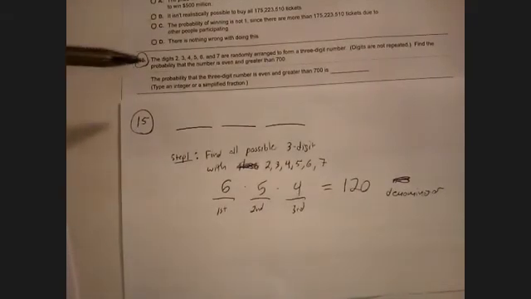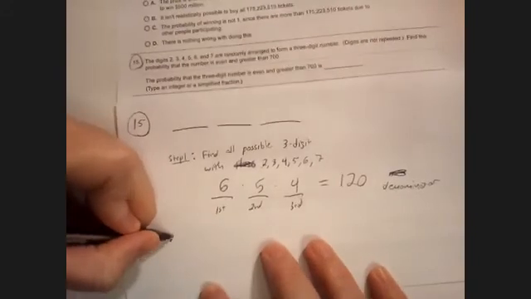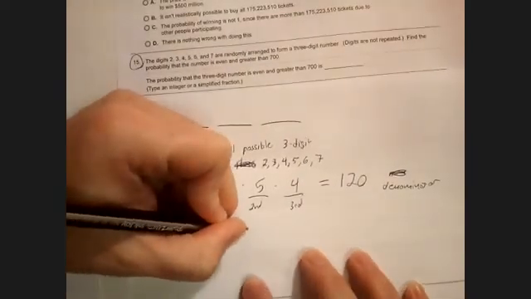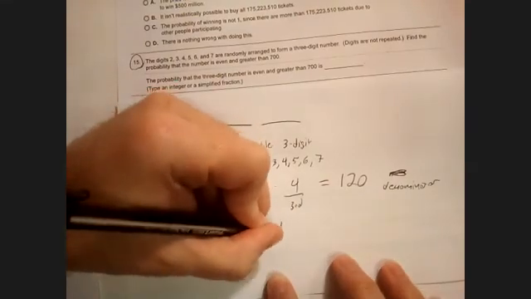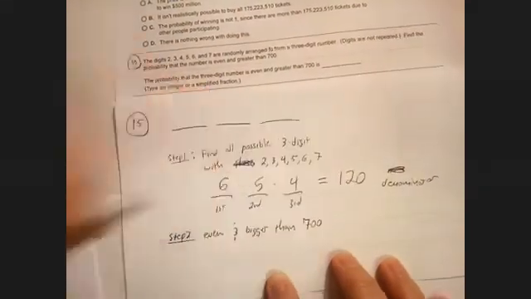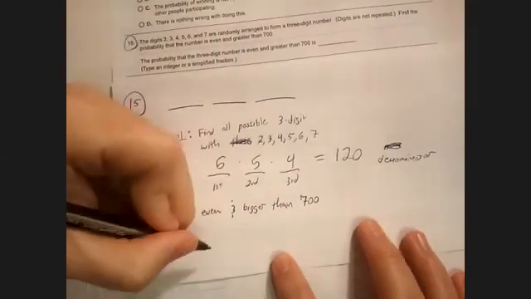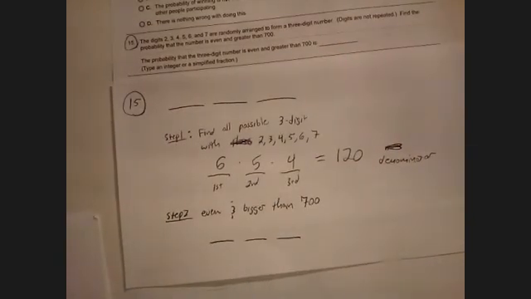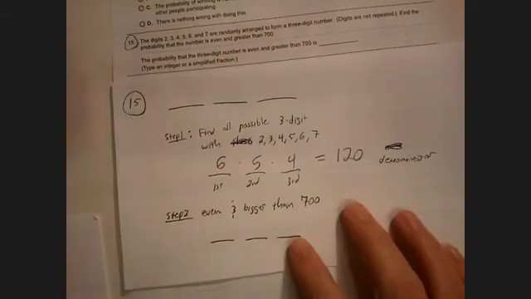Now we're trying to find a number that is even and greater than 700. Step 2, even and bigger than 700. There's my digits again. If I'm going to make a number that is bigger than 700, given those digits, it must start with 7.